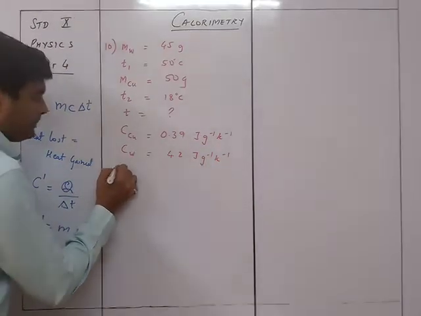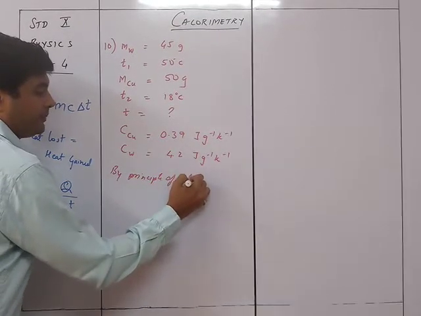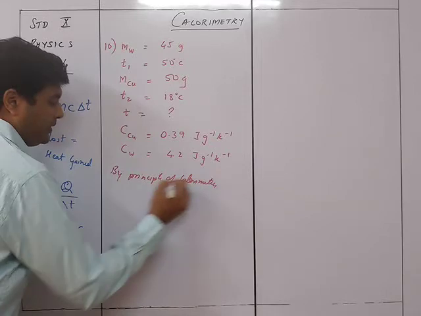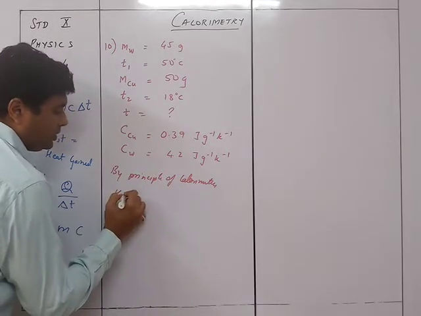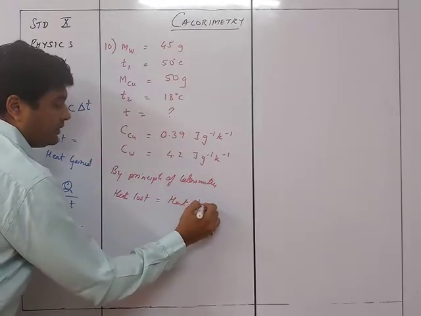So we say by principle of calorimetry, we have heat lost is equal to heat gained.